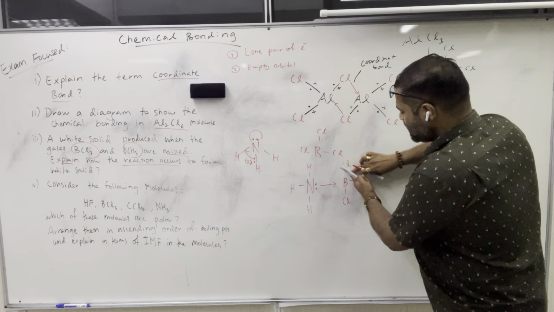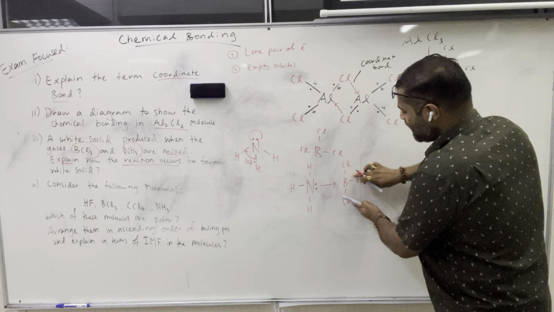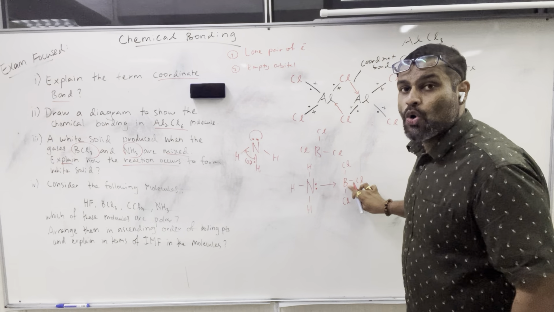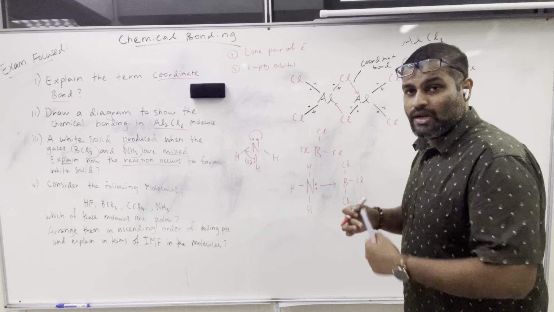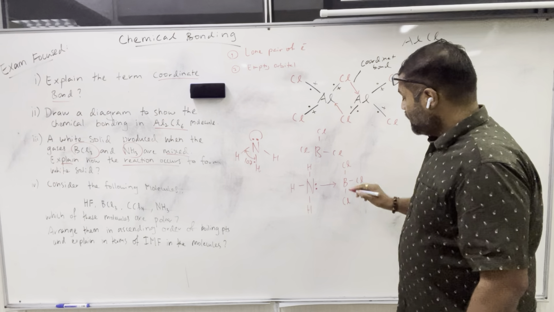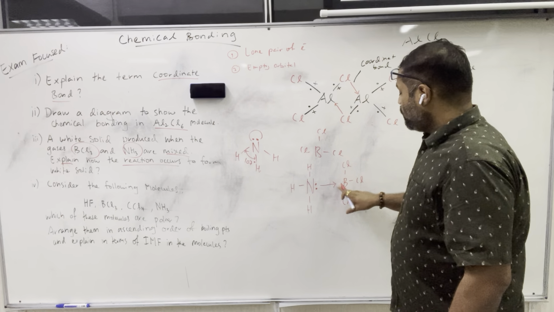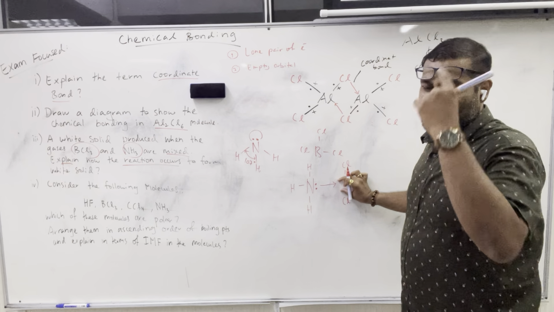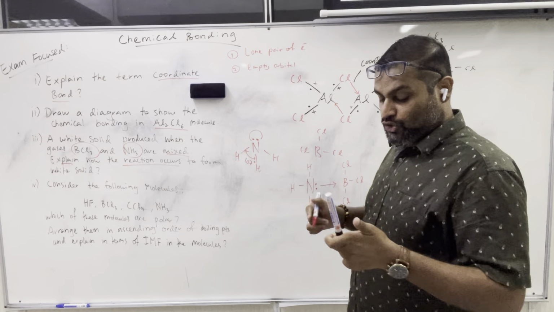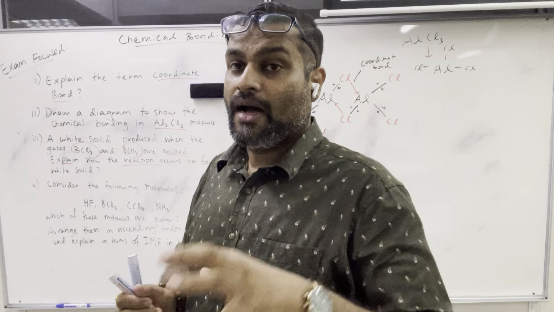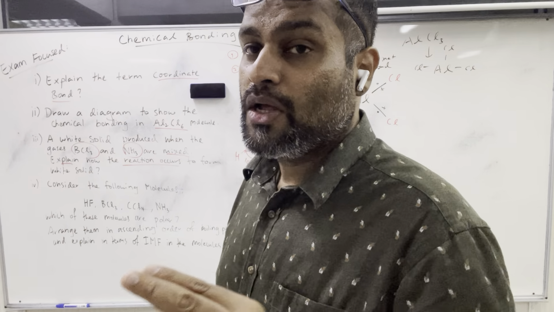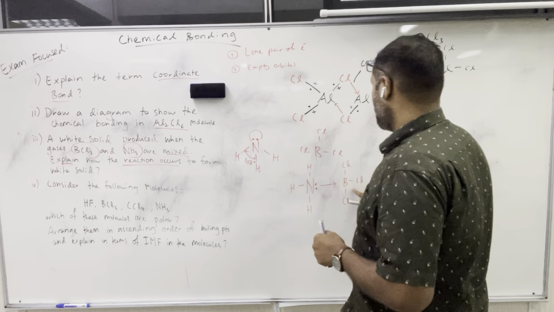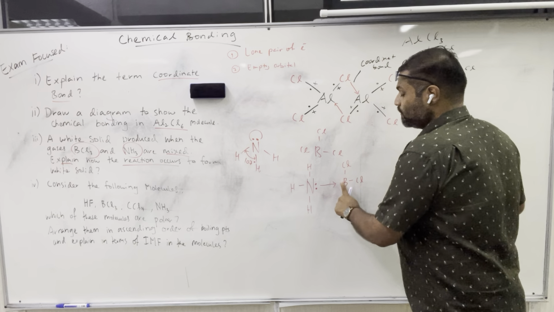All these 3 chlorine atoms are directly bonded. That means these are single covalent bonds. They are equally contributing to each other to form the covalent bond. But here it has an empty orbital where these electrons can be parked. I always say parked because they are not actual covalent bonding, but they are giving the 2 electrons to make sure that boron trichloride has a full octet.